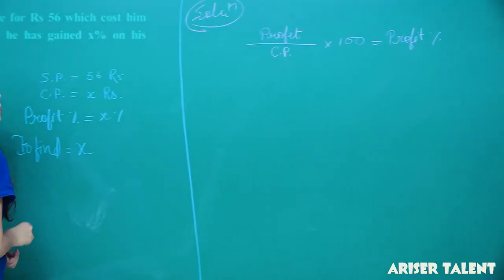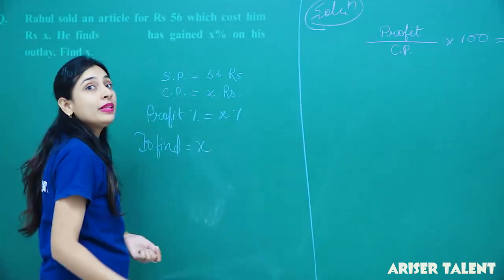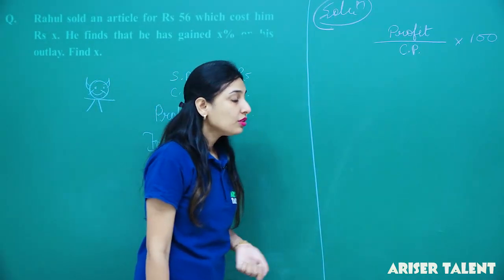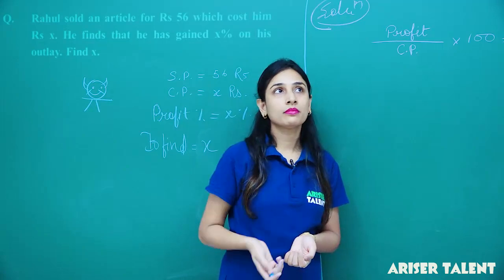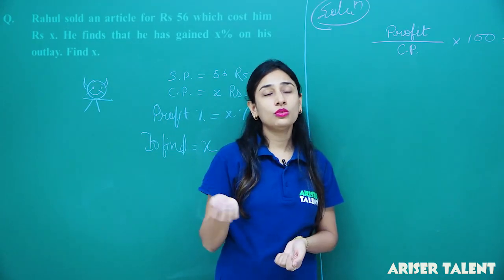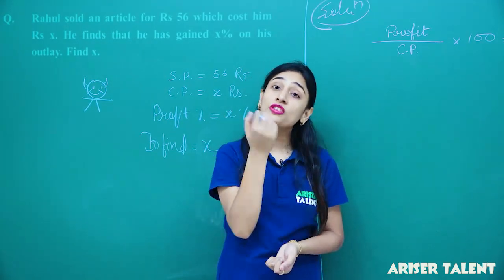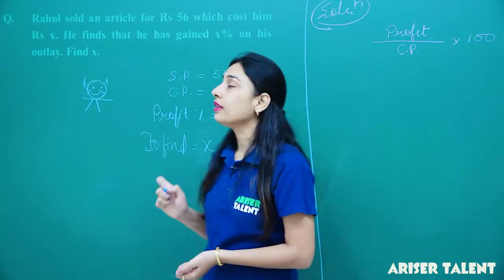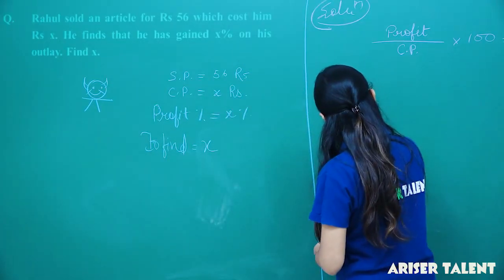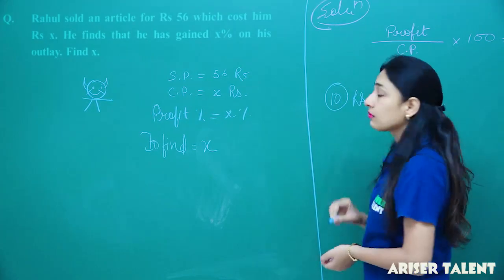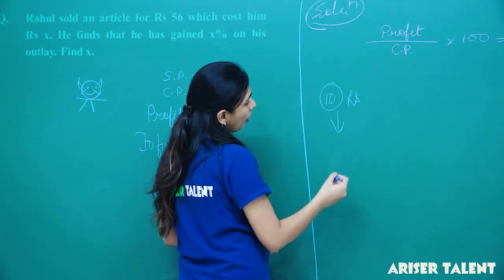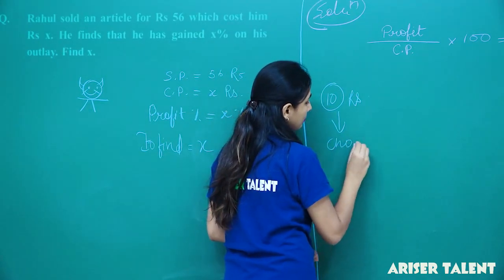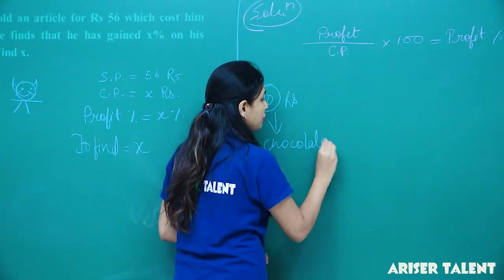Now you know the cost price. What will be the profit? Suppose Anjali has 10 rupees and you bought a chocolate, a Dairy Milk.